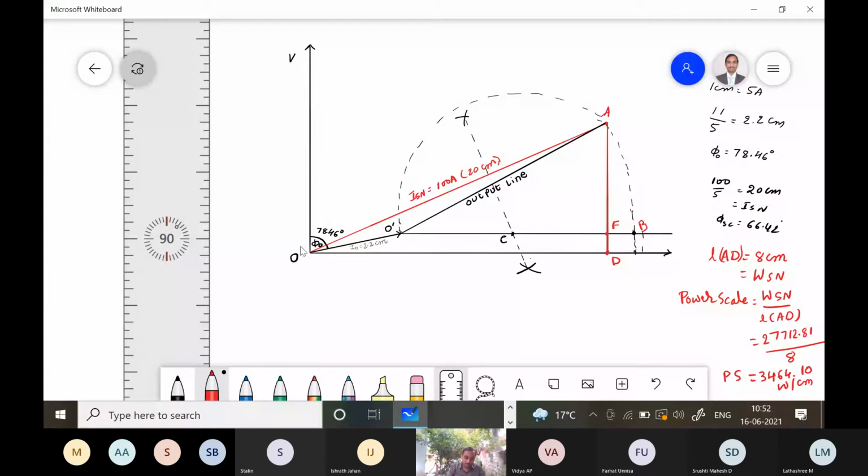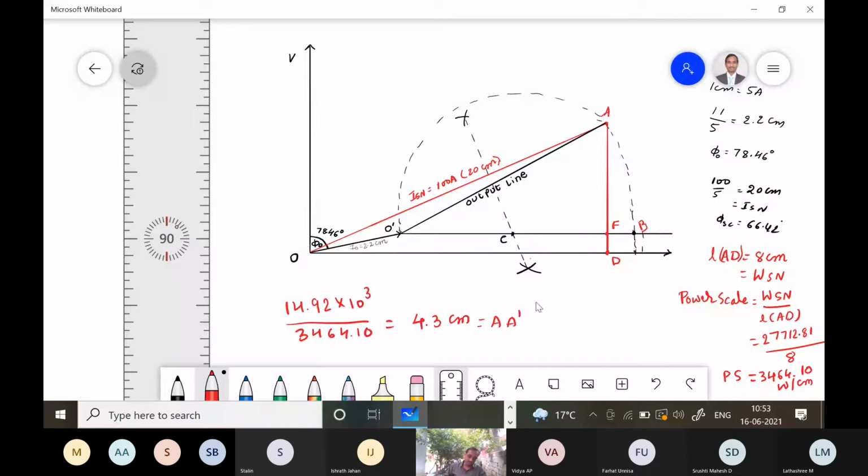For that, 14.92 kilowatt, kilo means 10 raised to 3, divided by 3464.10. So how much will you get? 4.3 centimeter. So this is the A dash distance.